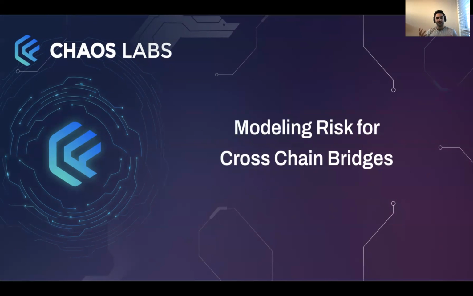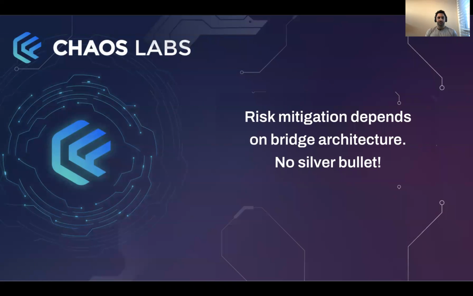So now that we understand different types of bridge architectures, and we've even seen a few exploits in recent news, let's talk about how we model risk for cross-chain bridges. I won't get into the flame wars of which bridges are better than the others. Every bridge has its trade-offs, every bridge has its benefits, and we're not prescribing which bridge to use.